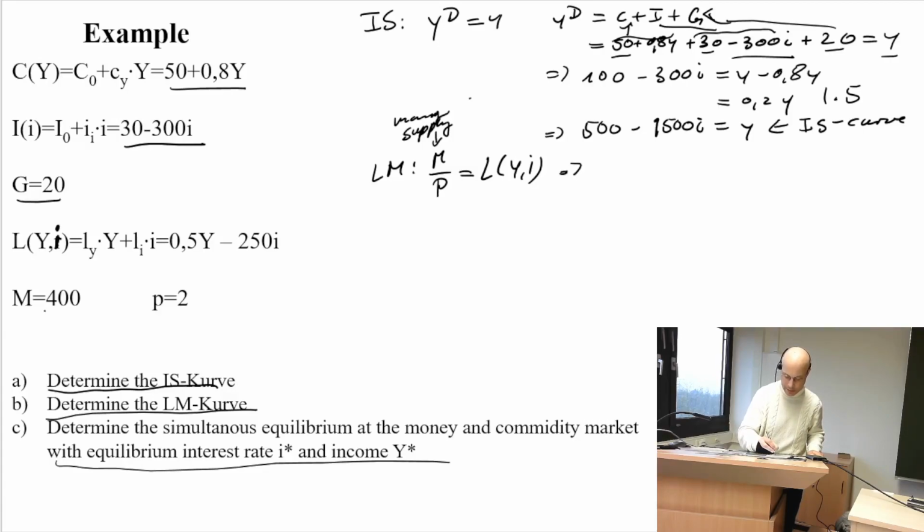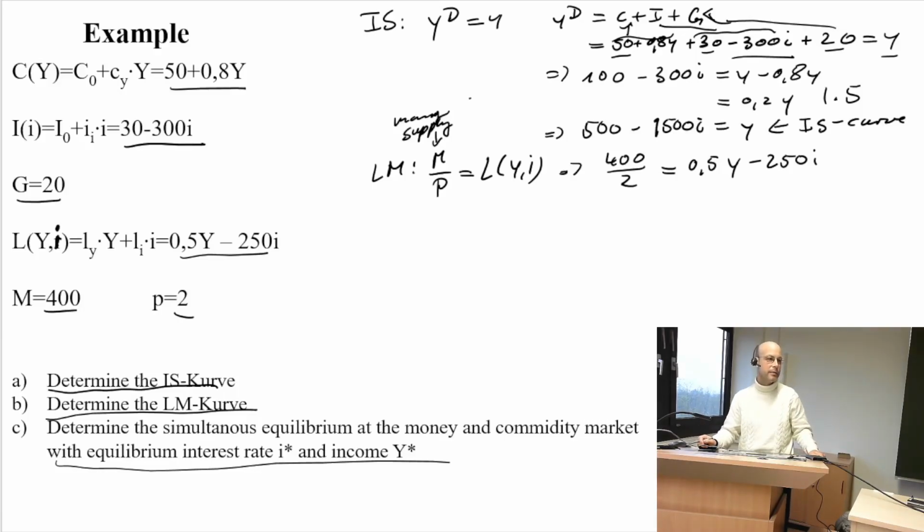So we obtain 400 over 2 equals 0.5 times Y minus 250 times I. And also you can solve this for I or for Y, whatever you want. So we obtain 200.